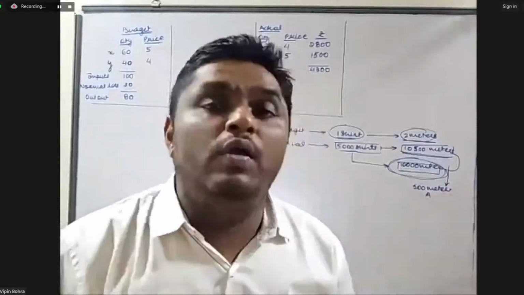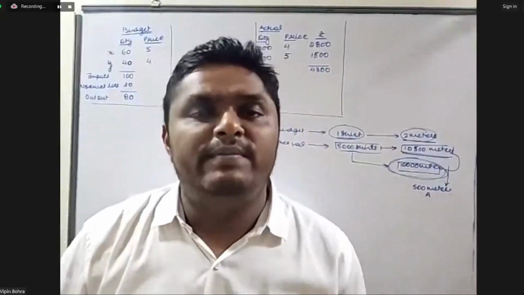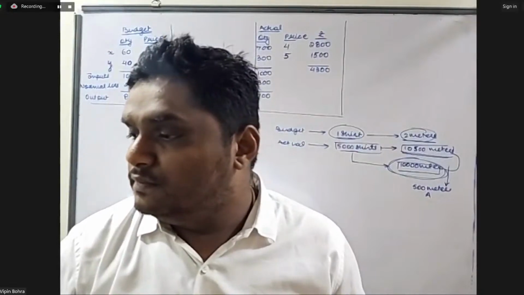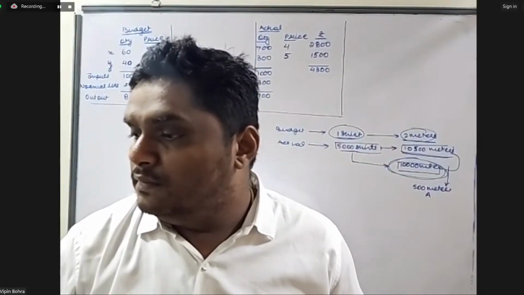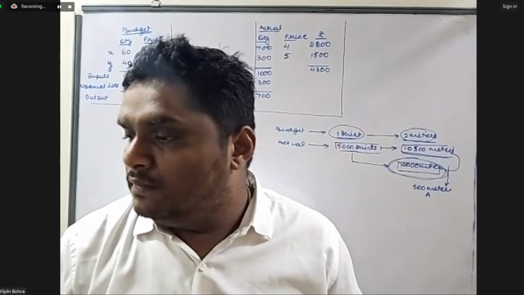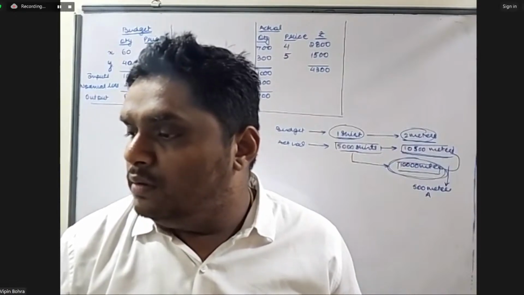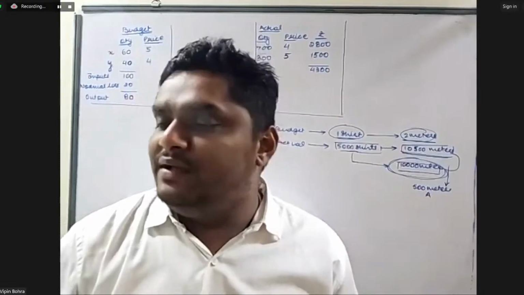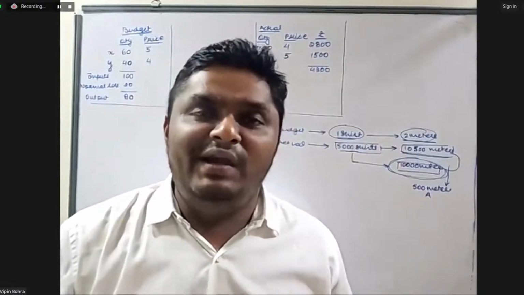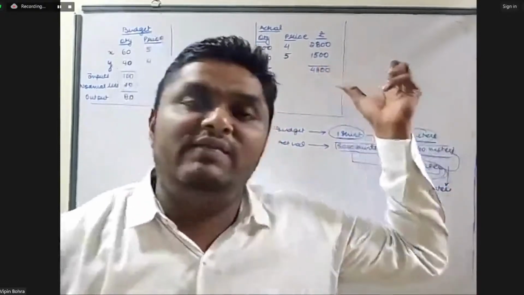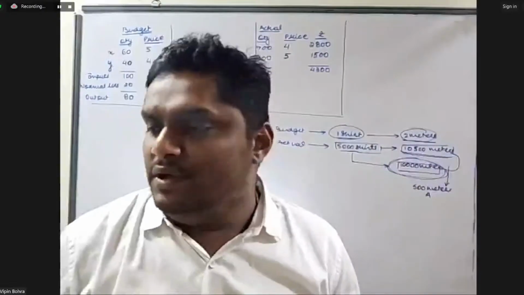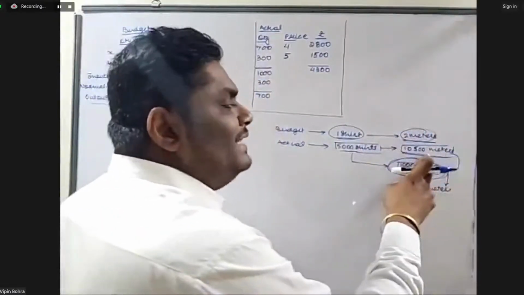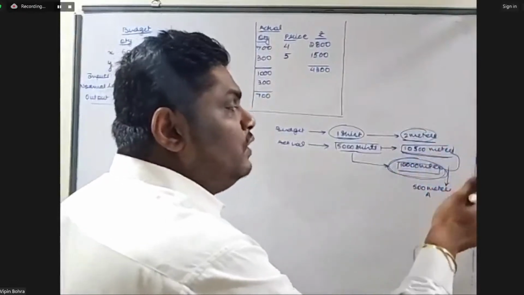So this is how I got the variance of 500 meters, which is adverse for the company. Very good, Anmol. It can be more also, Shweta. There are chances of loss. By the end of this part on material variances, you will be thorough with the concept. So don't worry.